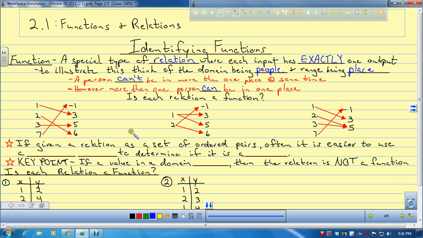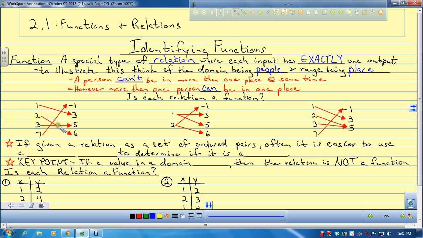So if you think about that, the input has exactly one output. Each person can only go to one place. Now, that does not work back and forth because, as we said here, more than one person could go to the same place. So this does not work backwards.